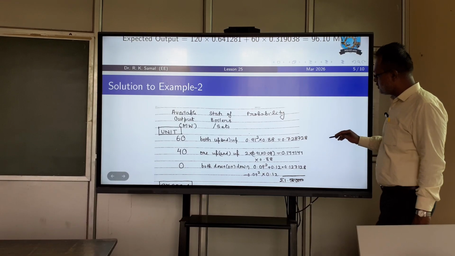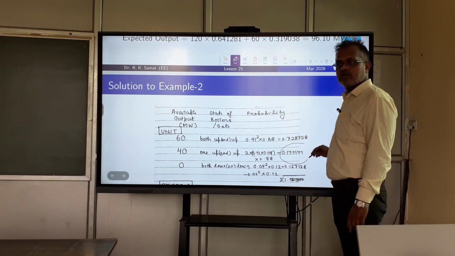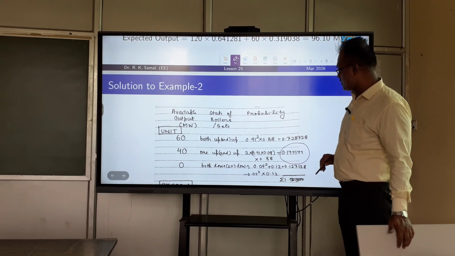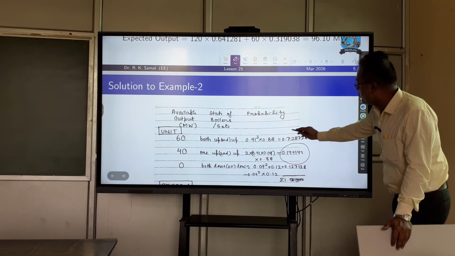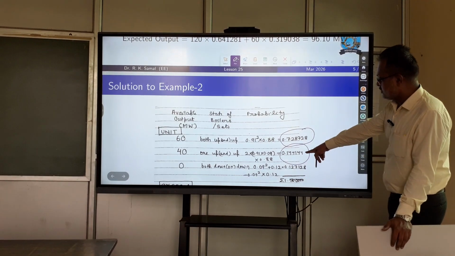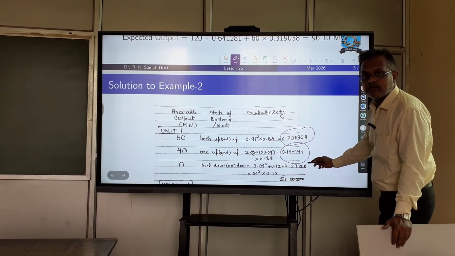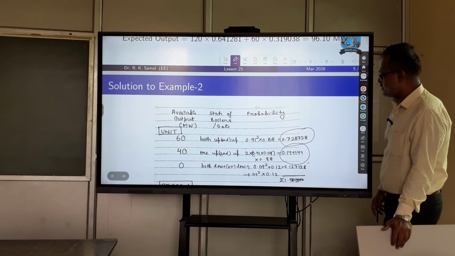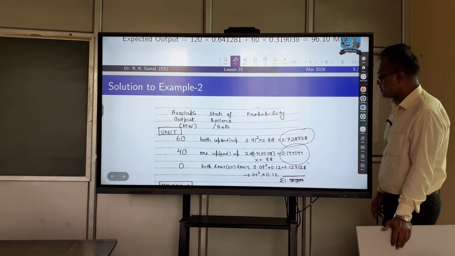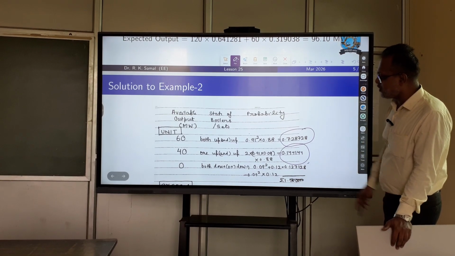Did you get this? First one is 0.144. First term data 0.728. Second term? Third term? Third term, what happened? We have used one formula, but here we have another formula. We'll see that.